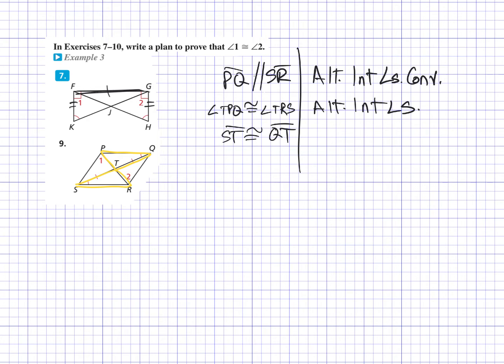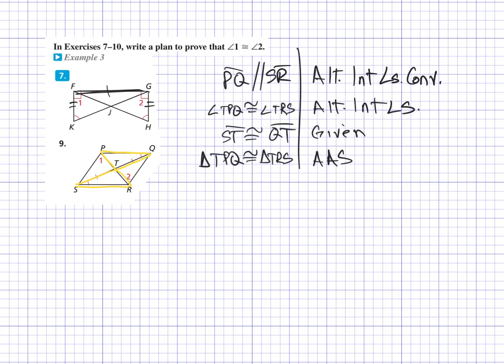They're marked, that was a given. So therefore you have angle, angle, side for the triangle. So the yellow triangles, triangle TPQ is congruent to triangle TRS, and that's angle, angle, side. So when you say that, then that tells you a whole bunch of different things.